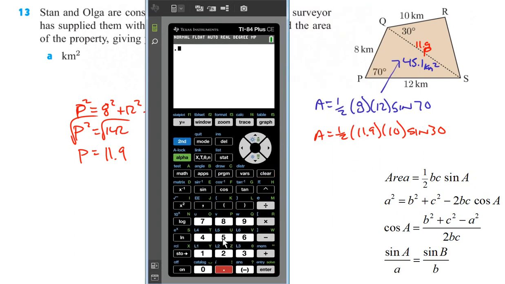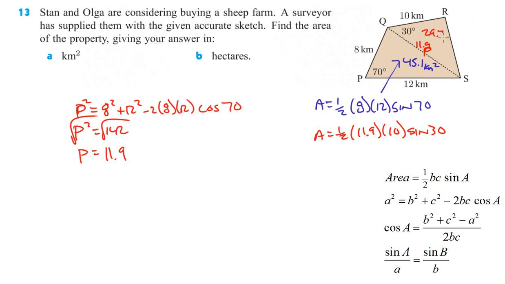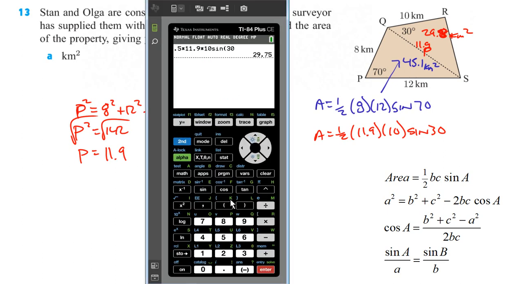So 0.5 times 11.9 times 10 sine of 30. That gives us 29.75 kilometers squared for this one right here. Let's maybe call that 29.8, since we rounded the other one to the nearest tenth, that should be fine.